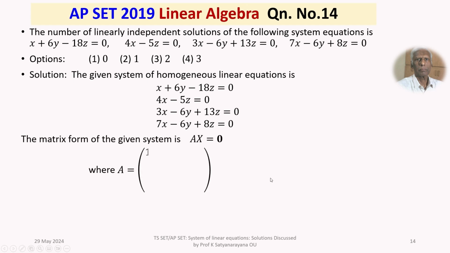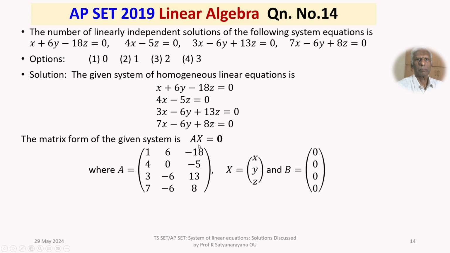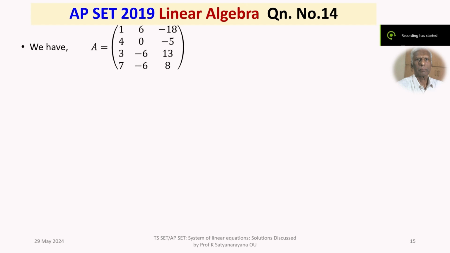Ax is equal to 0, where A is this matrix with rows 1, 6, minus 18, like that, x is the variable vector, and the right side is 0, 0, 0, 0. Yes, we have that matrix A.